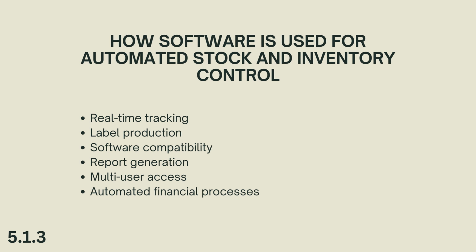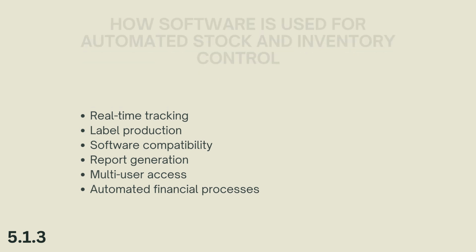Different stakeholders, including customers, employees, and various functional areas within the company, can access relevant data as needed. Automated financial processes. The software can automatically produce quotes and invoices, which can be seamlessly shared with finance software.